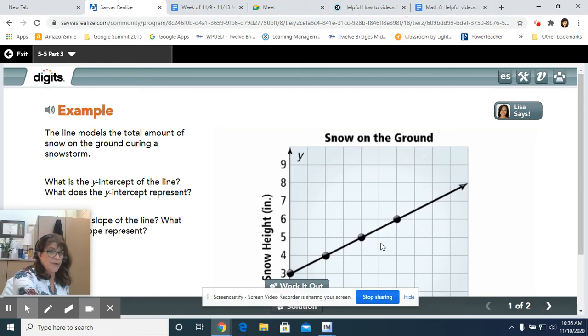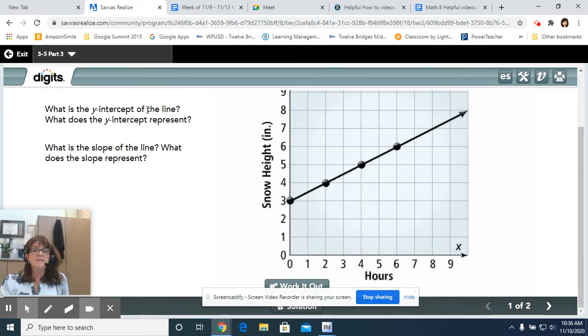In this story, we have snow on the ground, and it's continuing to fall. It asks, what is the y-intercept, and what does the y-intercept represent? Well, there's where it crosses the y-axis, at the 3. And what does that represent? That means there were already 3 inches of snow on the ground when this storm started.